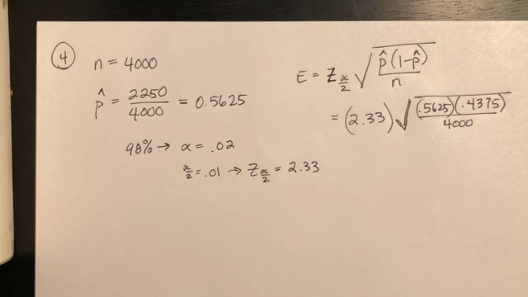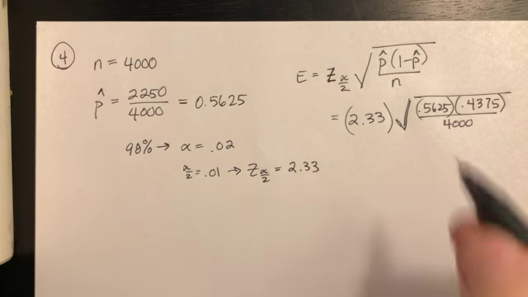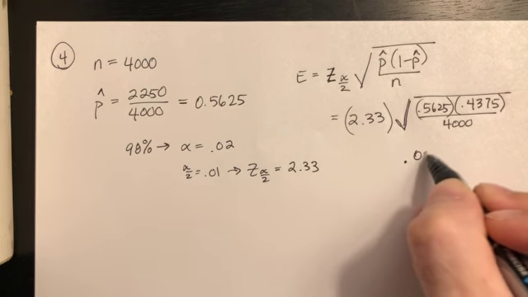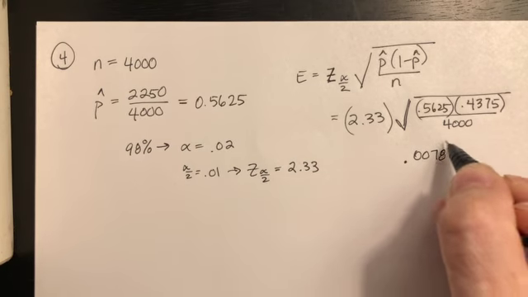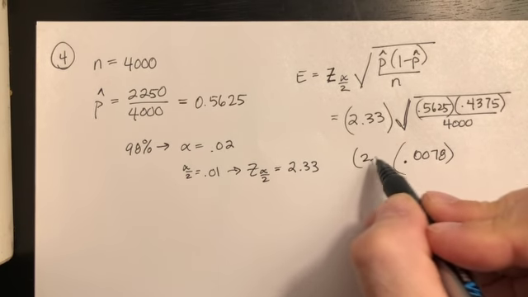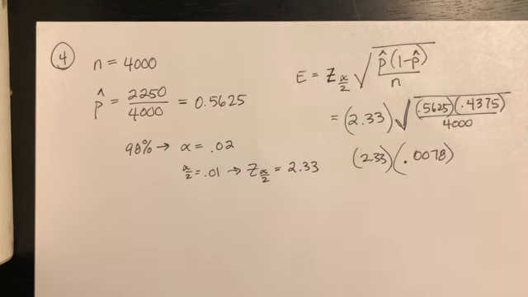Square root, parentheses, 0.5625 times 0.4375 divided by 4,000 gives me 0.0078 and some change. And I'm going to multiply that times 2.33.